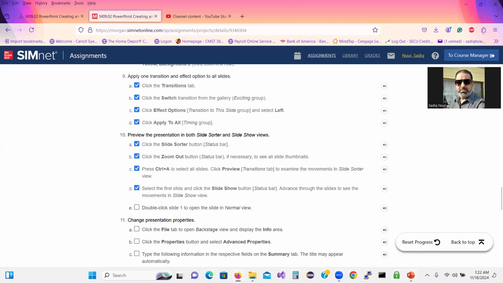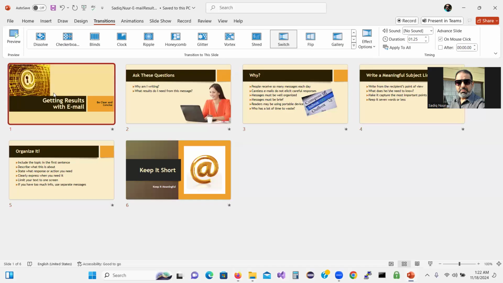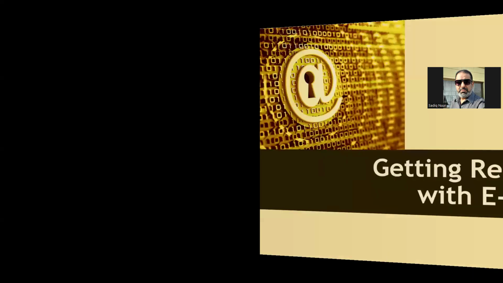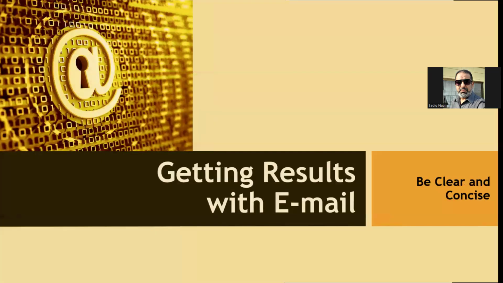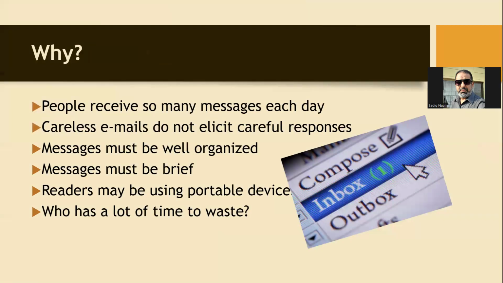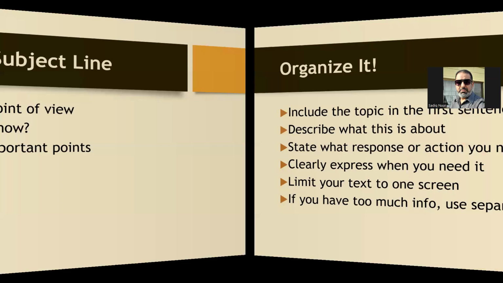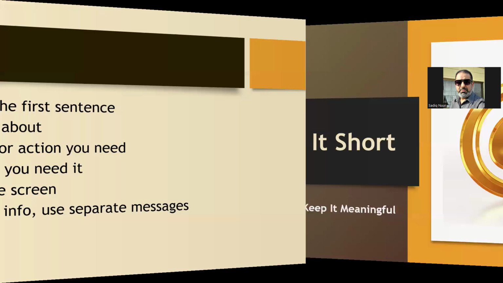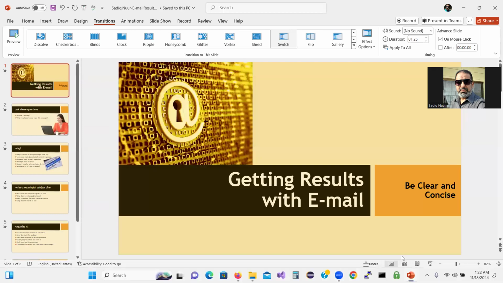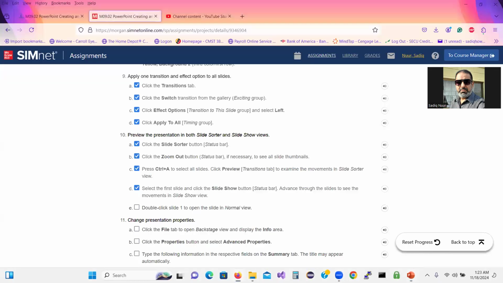So we will go back. We will double click slide 1. And then from here, we can select Slide Show. Press the Enter key. And let's go back to the instruction.